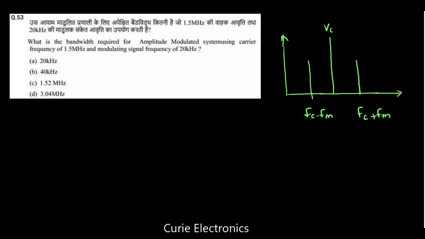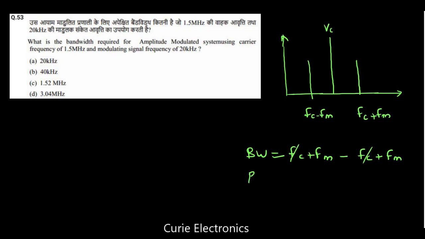So what is the bandwidth? Bandwidth equals Fc plus Fm minus (Fc minus Fm). So it becomes minus Fc plus Fm. I have skipped one step, that is why it is like this. So Fc cancels.